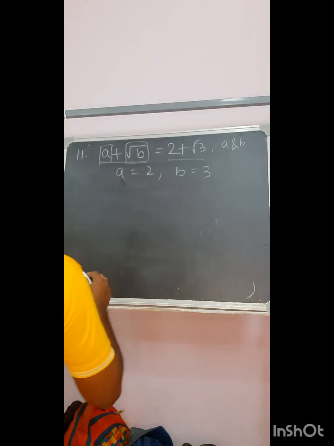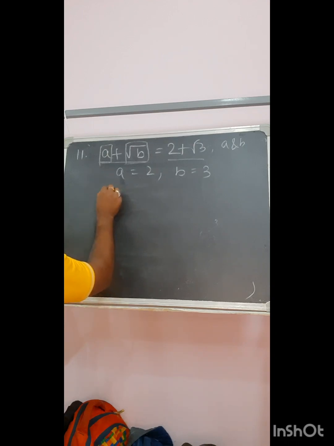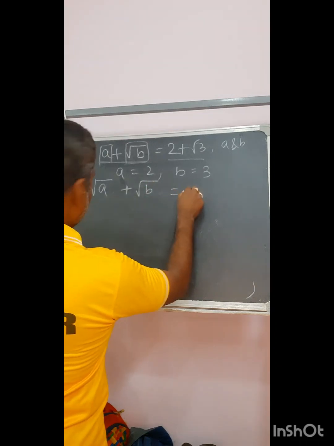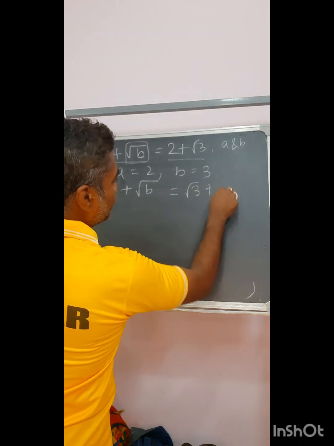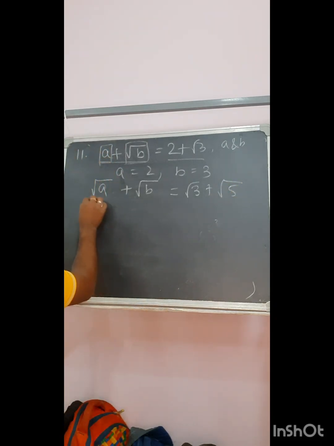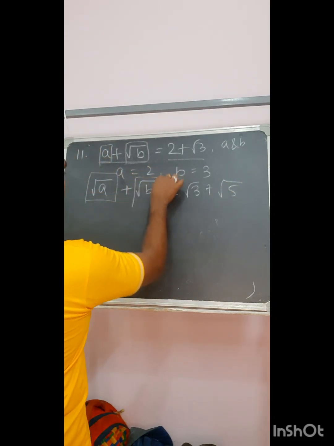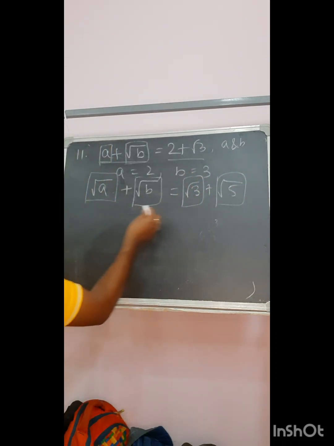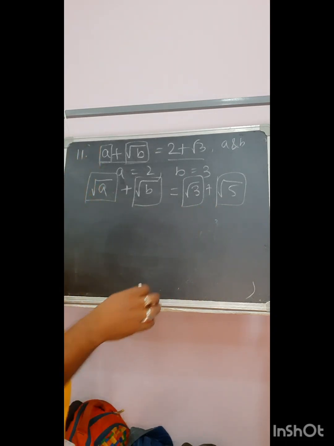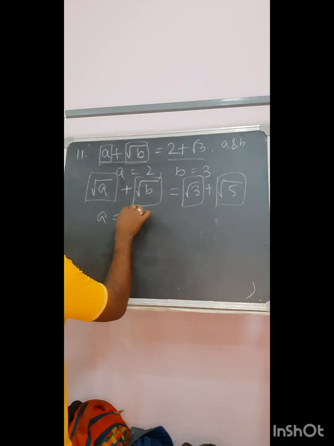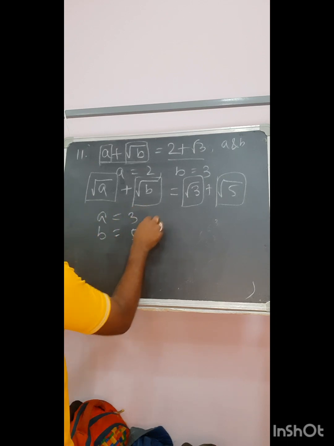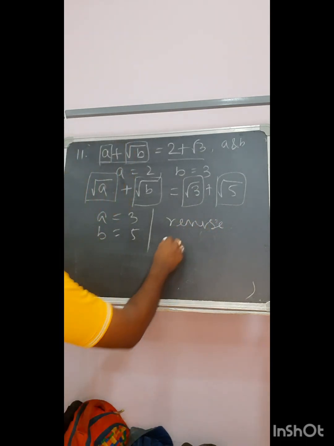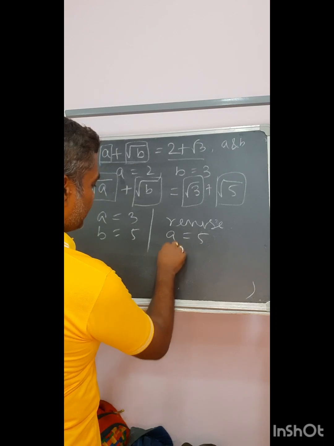So this is one part, and if it is expressed in this other form, then also from the similarity, because this consists of two irrational numbers on the left hand side and the same on the right hand side, you can say these are equivalent, meaning a is equal to 3 and b is equal to 5, or the reverse of that is also true, meaning a is equal to 5 and b is equal to 3.